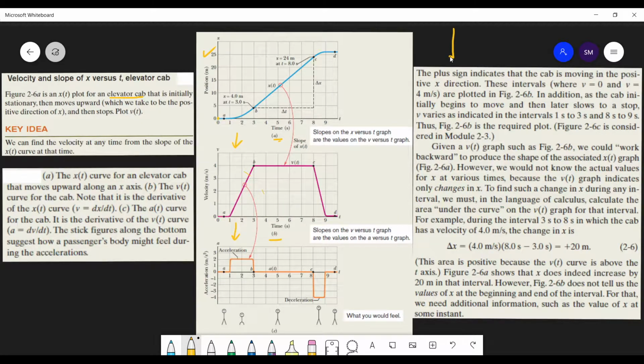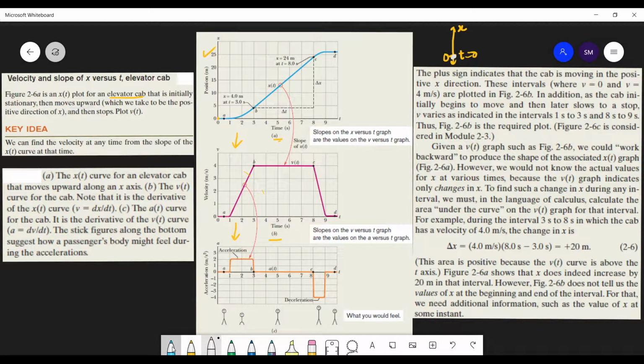Suppose the lift is going up. I am assuming this as the positive x direction. At time t equals 0, the lift was at position x equals 0, so it was stationary. Then it moves up.